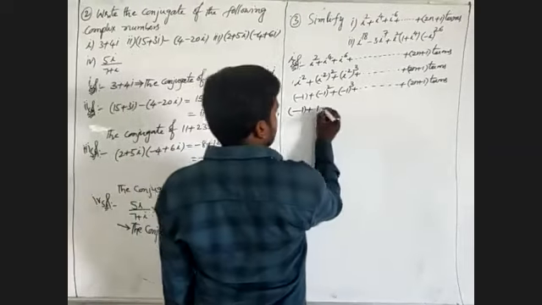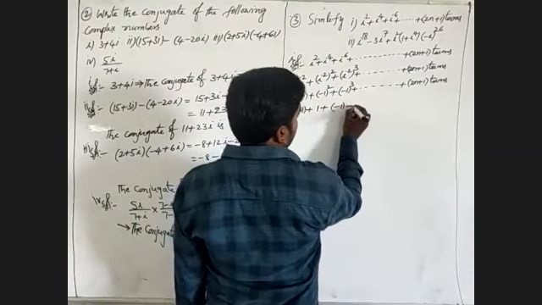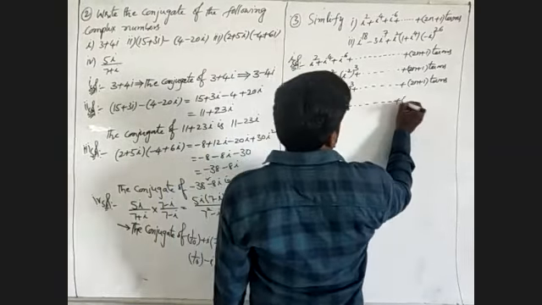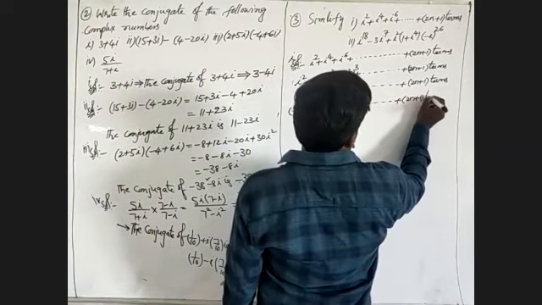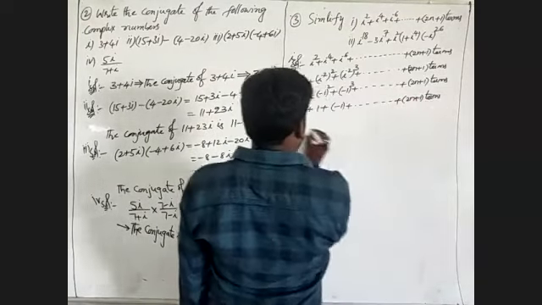After that, minus 1 whole cube means minus 1, and so on, plus 2n plus 1 terms.